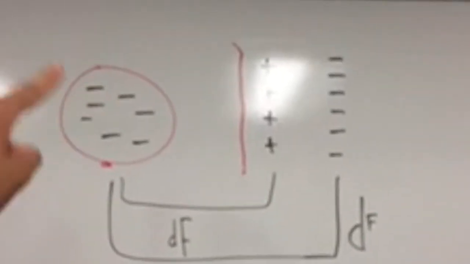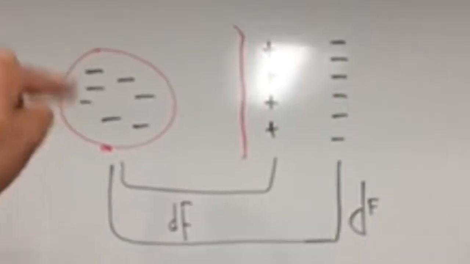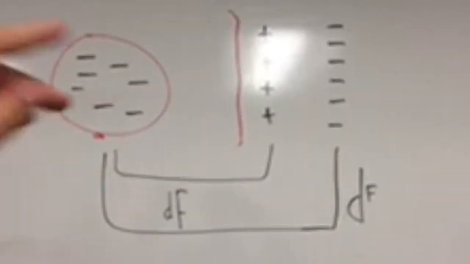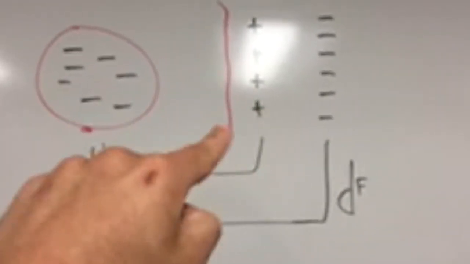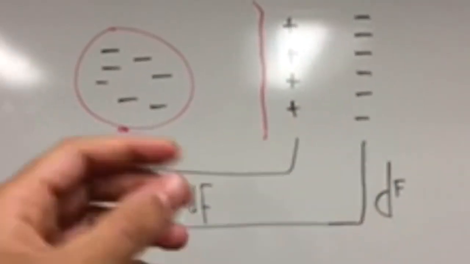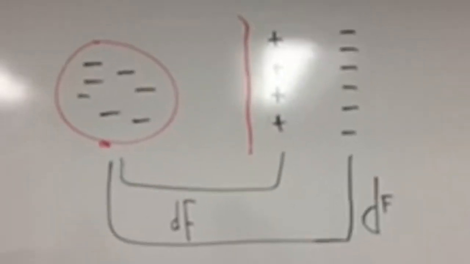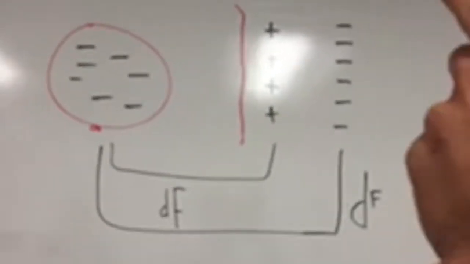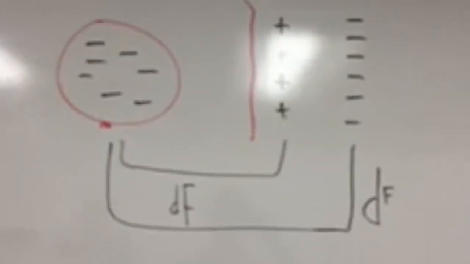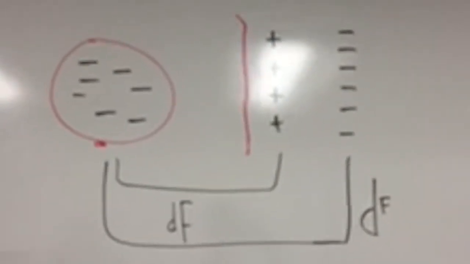This rubbed balloon has a lot of negative electrons on it because of the friction, right? So when it gets close to that wall right there, it's going to attract those positive charges, because unlike charges attract each other, and it's going to repel all those negative charges right there, because like charges repel each other.